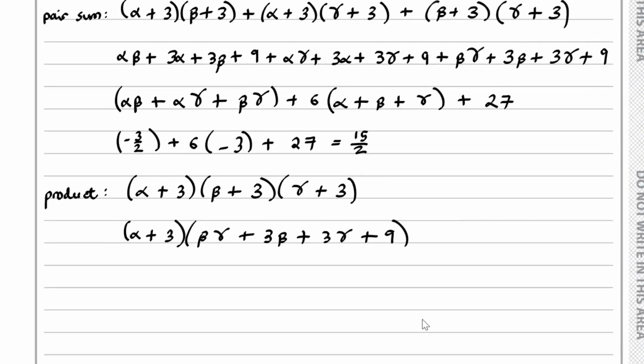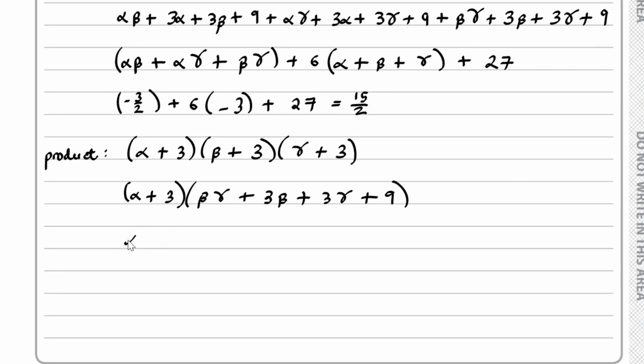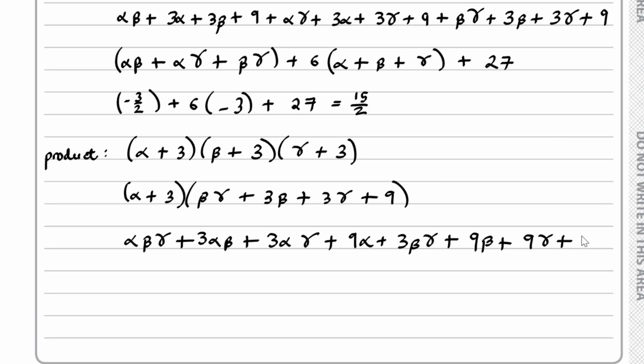Then if we expand with the other bracket, we have alpha beta gamma plus 3 alpha beta plus 3 alpha gamma plus 9 alpha, and then 3 beta gamma plus 9 beta plus 9 gamma plus 27.